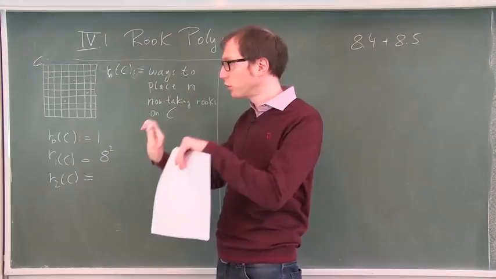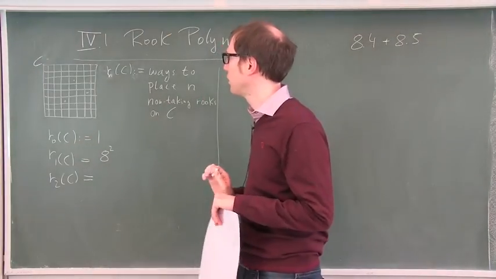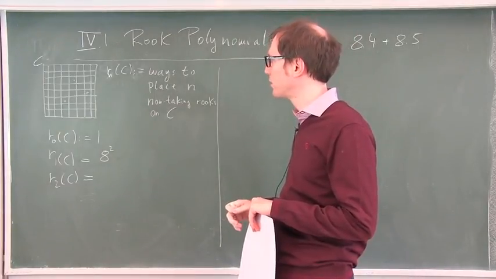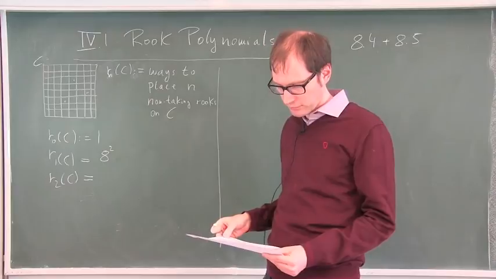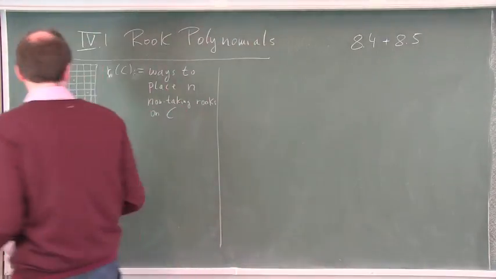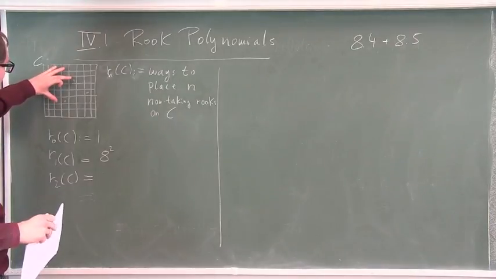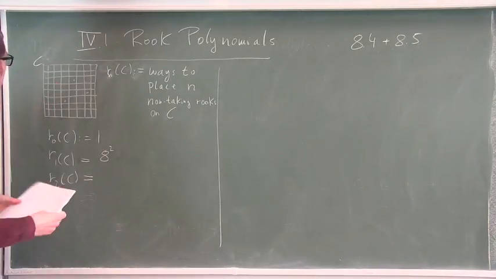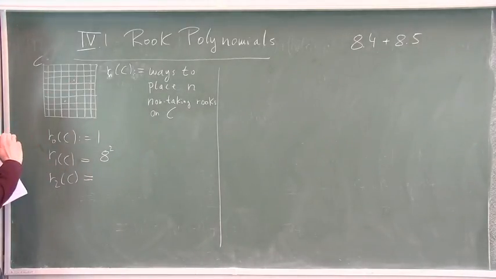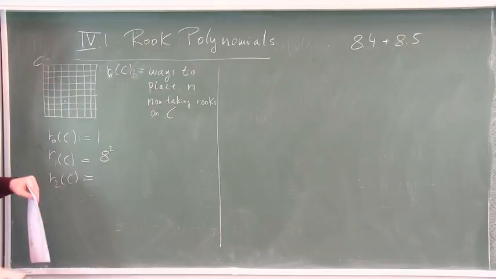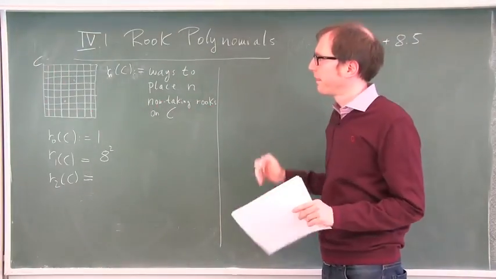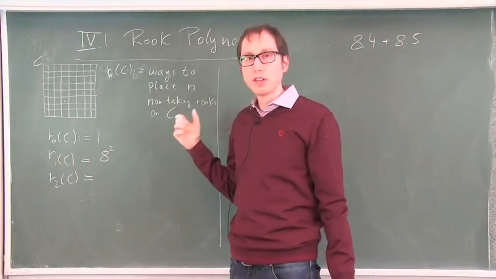Place 2 rooks on the board so they do not take each other. How do we do that? What is the answer here? There are many ways I can do it, but the one which is best to generalize is the following.